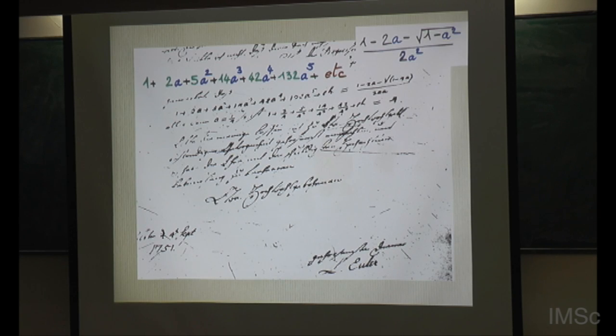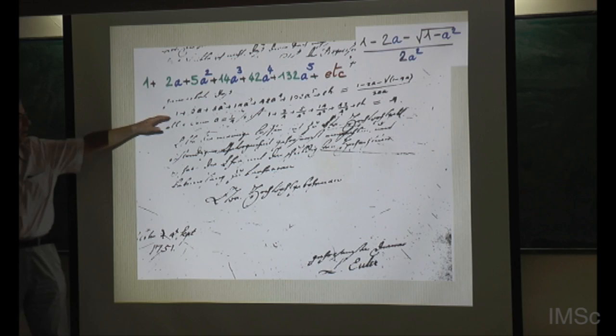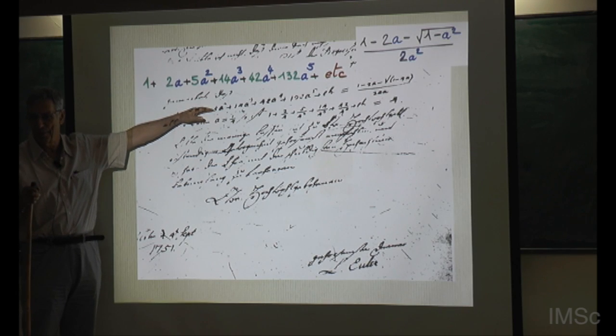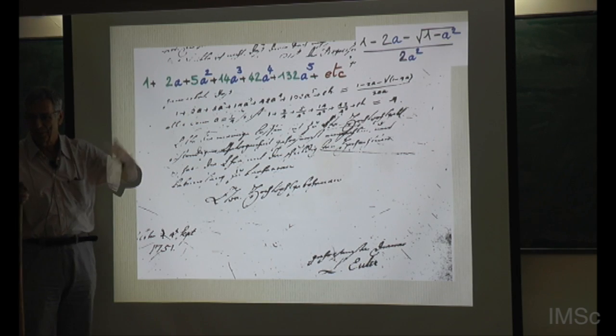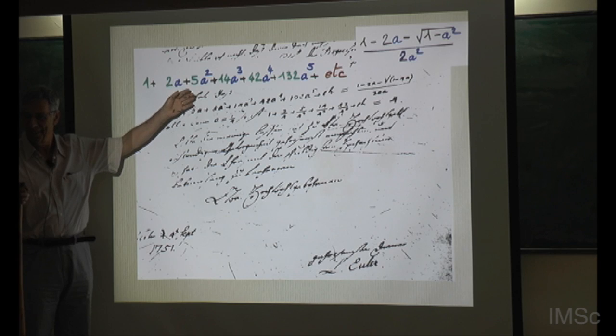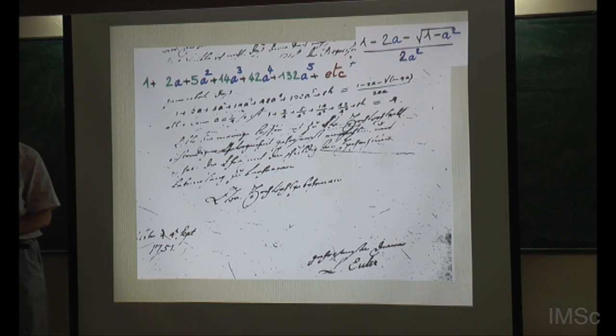Afterwards, Gauss says this is nonsense because there is no convergence. The radius of convergence of this formal power series is 0. So it is nonsense. But this makes sense. We will see at the end of the lecture that if you take this formally, all this makes sense. So Euler was really a great mathematician, a great savant, and a great combinatorist.